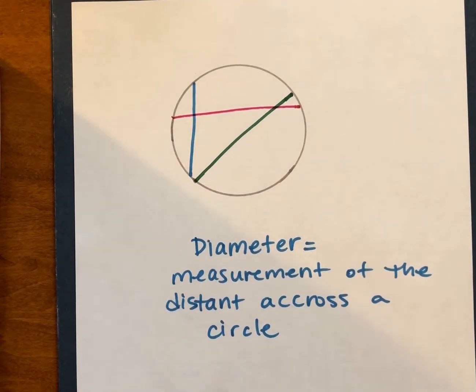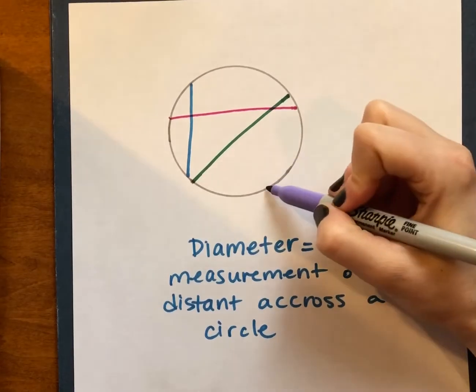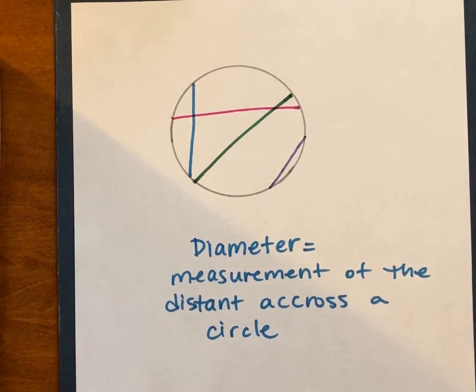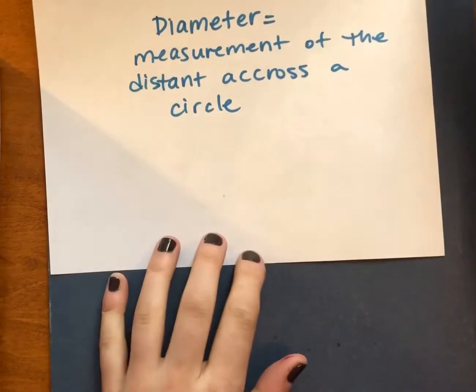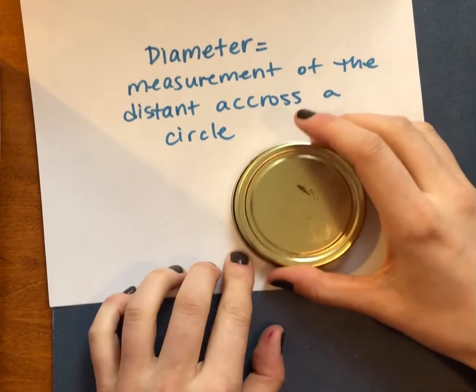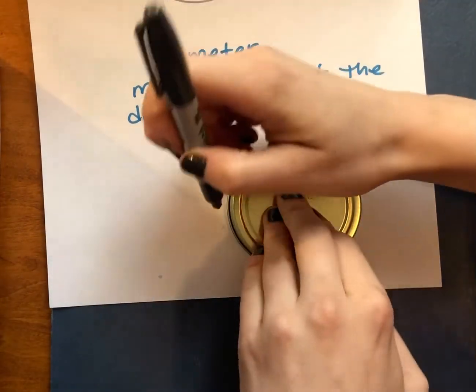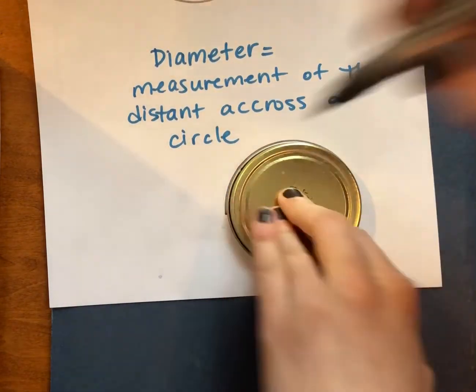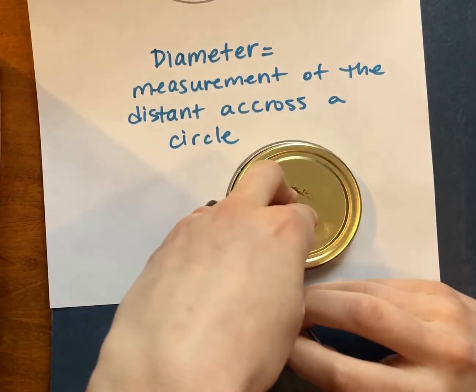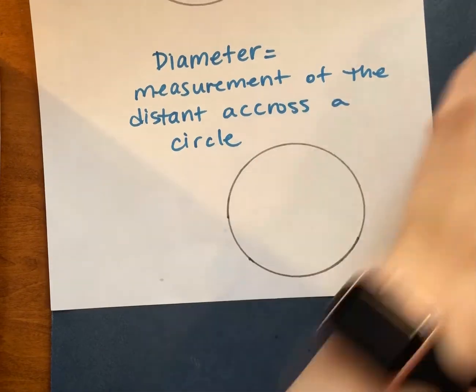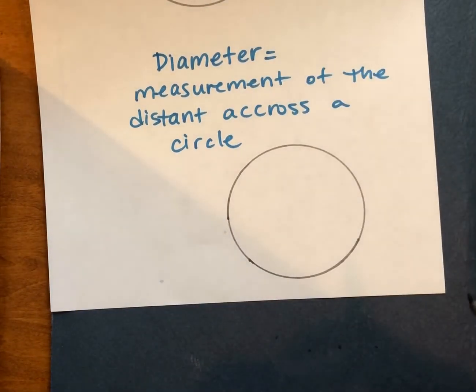So if you're noticing here that going across a circle, I could draw as many lines as I want because there's no such thing as across a circle looking like this. So the diameter is not just across a circle. It is the measurement going across the circle, but we must pass through the center point.